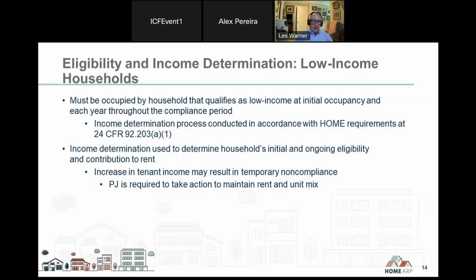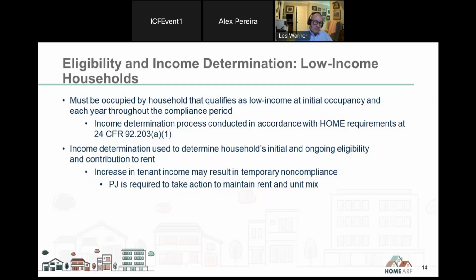The issue here is the PJ understanding what the requirements are, and am I monitoring appropriately to make sure that when I have the opportunity to bring this back into compliance, I'm doing that. So for instance, if I have a tenant that goes over 80% area median income, we're going to be going through the details in a minute or so, but we would take action to adjust their rent, but we're not going to require them to move out of that unit.